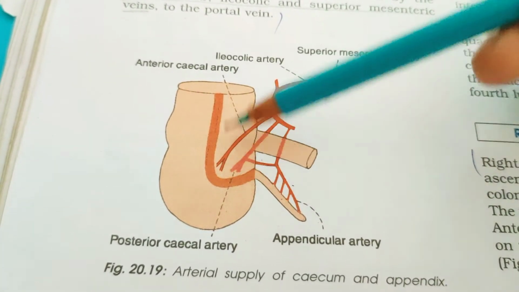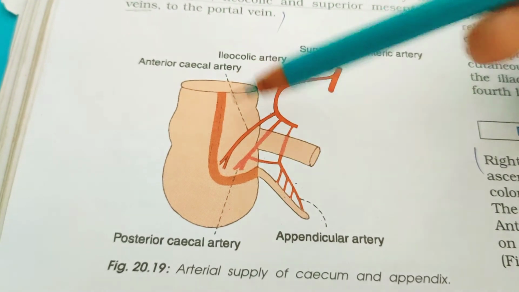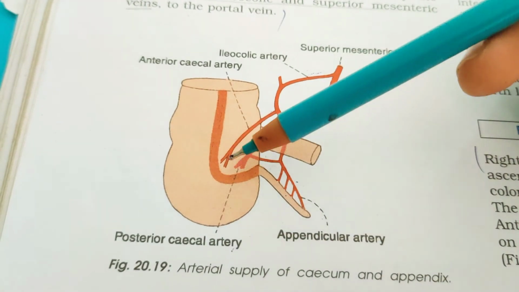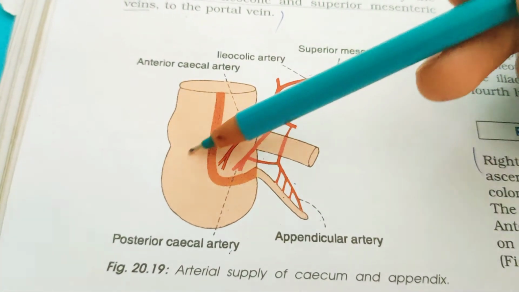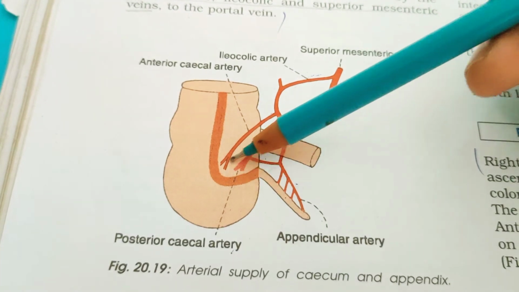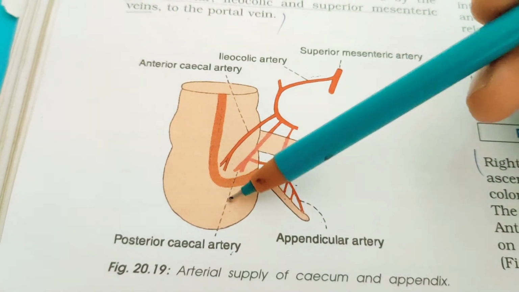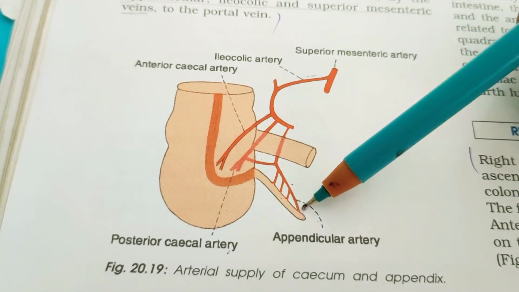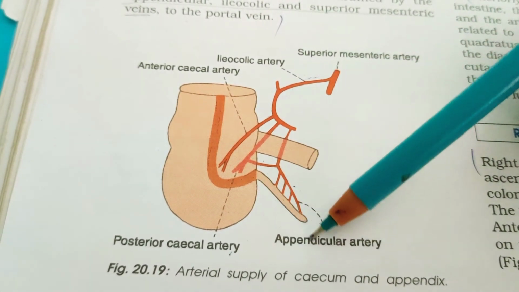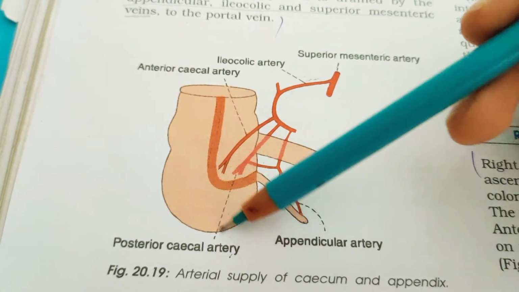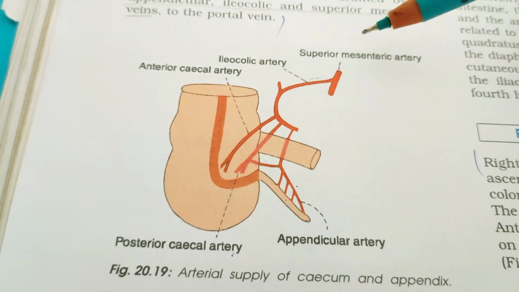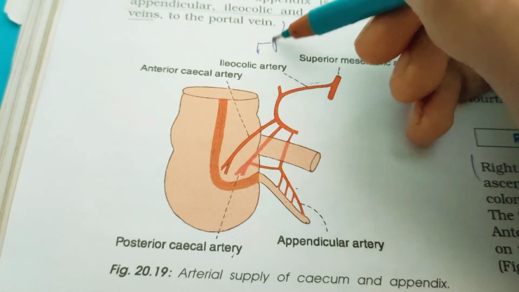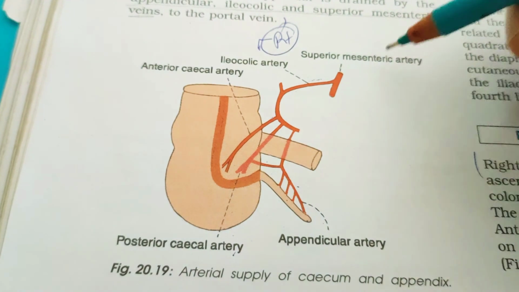The first branch is called the anterior cecal artery and the second branch is called the posterior cecal artery. The anterior cecal artery supplies the anterior part of the cecum, and just posterior to it the posterior cecal artery supplies the posterior part of the cecum. Next, the appendicular artery, according to its name, supplies the appendix. So these are the three branches of the ileocolic artery, which is a right side branch of the superior mesenteric artery.